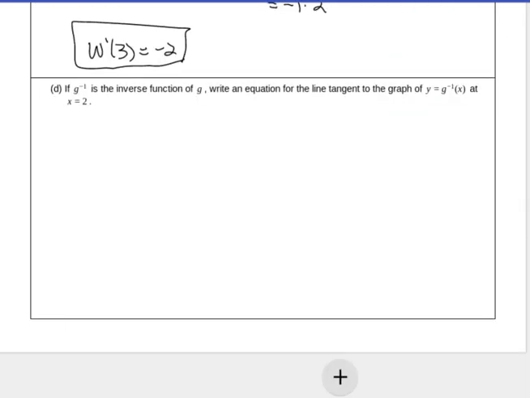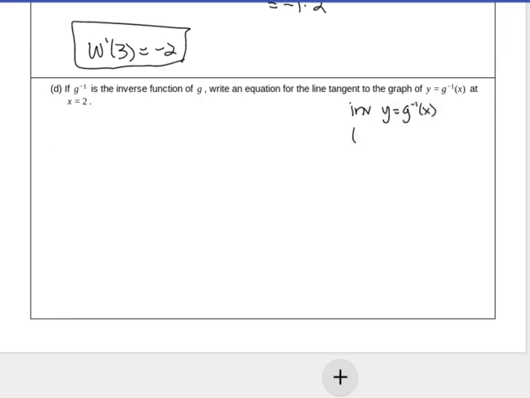And then in here on part D, we're given that g inverse is the inverse of the function g. Write an equation for the line tangent to the graph of y equals g inverse of x at x equals 2. So we're going to have to remember how to do the derivative of an inverse function. So first thing I'm going to do over here is I know that my inverse is y equals g inverse of x.